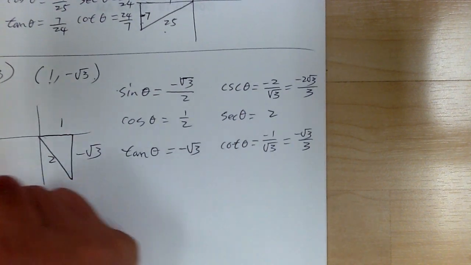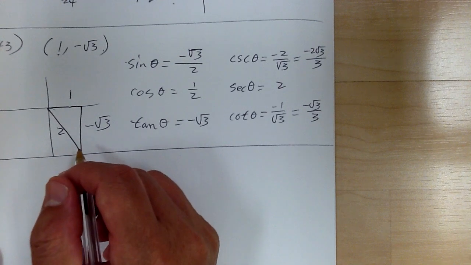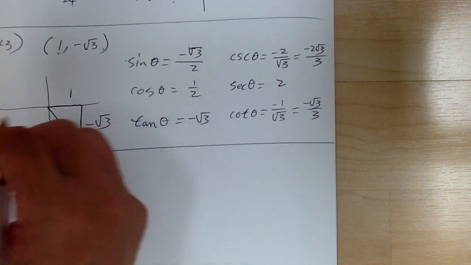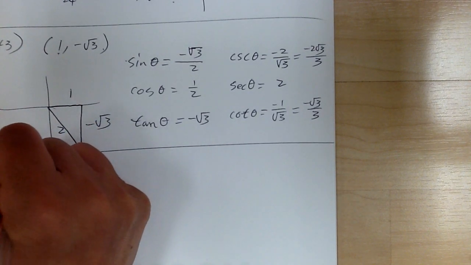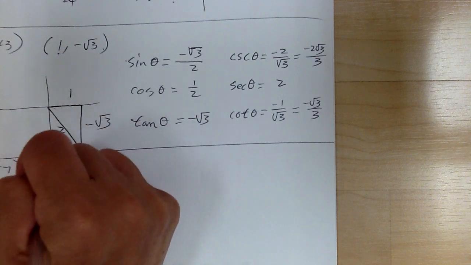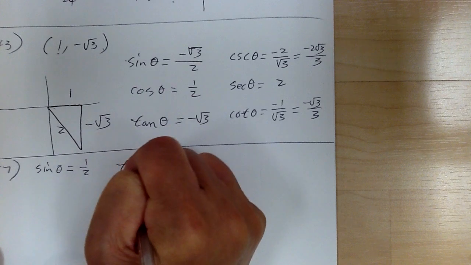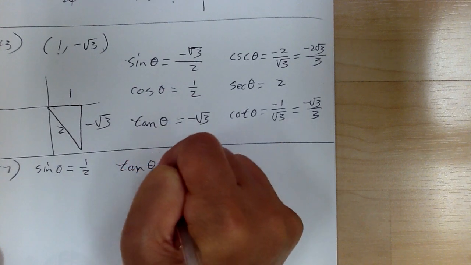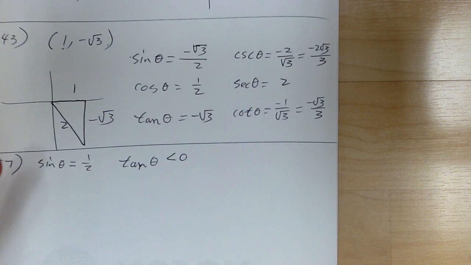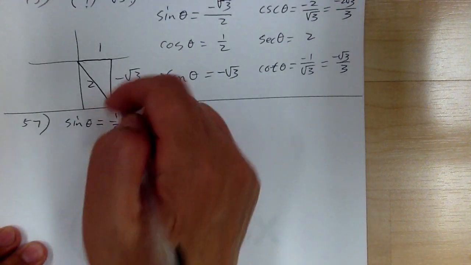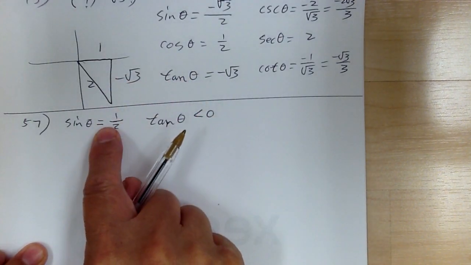Okay, let's go to number 57. You have sine theta equal to 1/2, and tangent theta is less than 0. It doesn't matter which information you use, so I'm going to use this one first.